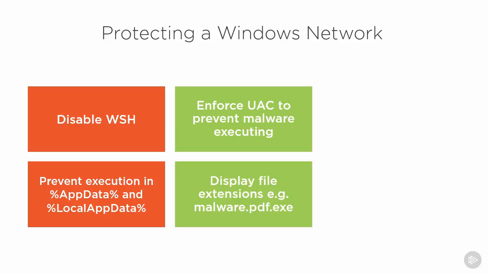Next, a very simple and immediate change you can make to your environment is to display the full file extension on all files. By default, Windows hides file extensions for known file types, so it doesn't bother the user with displaying the file extension.